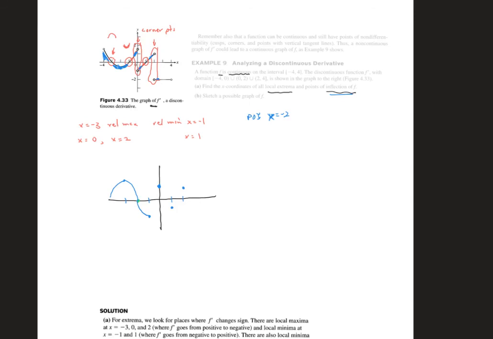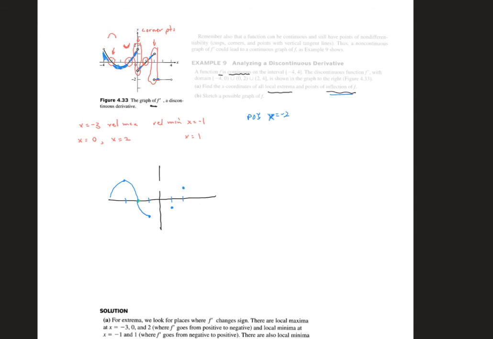So here now is our relative minimum. The derivative is changing to positive, so it's going to be increasing now, and the derivative is increasing, so it's still concave up until we get to 0.